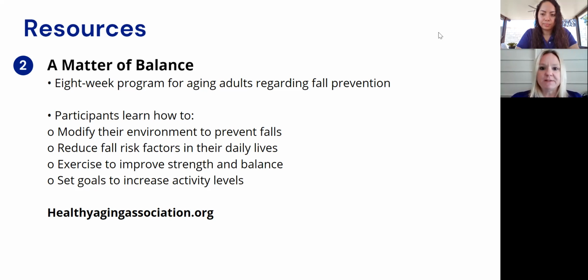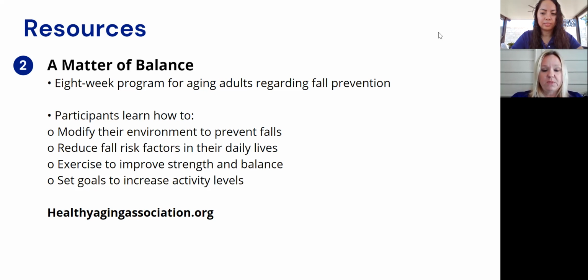You don't have the balance, you don't have the strength to remain upright and to be stable. So it's very important for aging adults to understand that they need to continue to strengthen themselves. There are certain exercises that aging adults can learn to improve their strength and balance, which decreases their chance of being a fall risk.